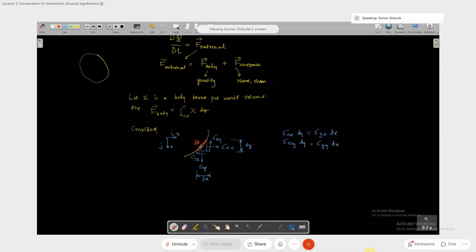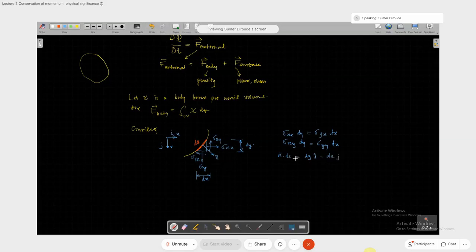And n dot dS, since this has some normal, a surface is always represented by the orientation of its normal. It can be convex or concave, so that orientation is always needed. n dot dS can then equal dy i cap minus dx j cap.